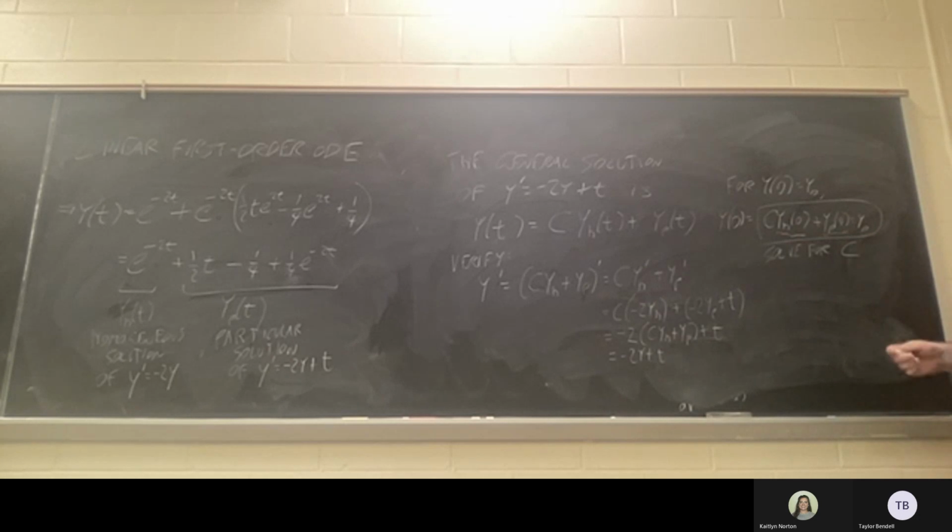So C turned out to be the initial value, but that's not always going to be the case. I wrote the solution formula to make those things happen, like the integral being from 0 to t. Okay. All right.